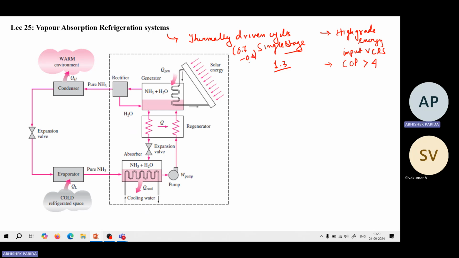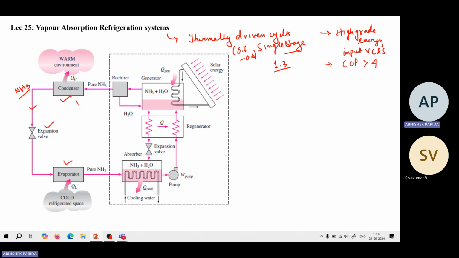Now, the working principle of such a refrigeration system is that the cycle has the same condenser, expansion valve, and evaporator. This part doesn't change. Here, if you see this part of the cycle, the working fluid is only NH3. The NH3 comes from the ammonia, passes through the condenser, expansion valve, and evaporator.